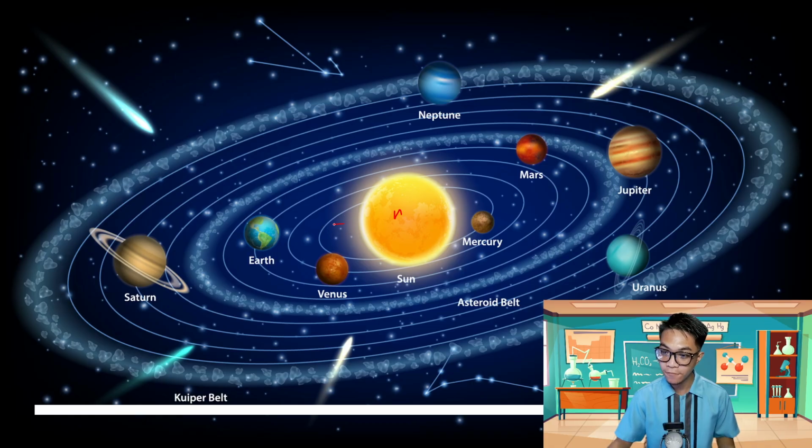As you go farther into space from the sun, the energy level increases. Let's take, for example, the orbit of Mercury as the first energy level. For Venus, it's the second. For Earth, it's the third energy level, fourth, and so on and so forth.